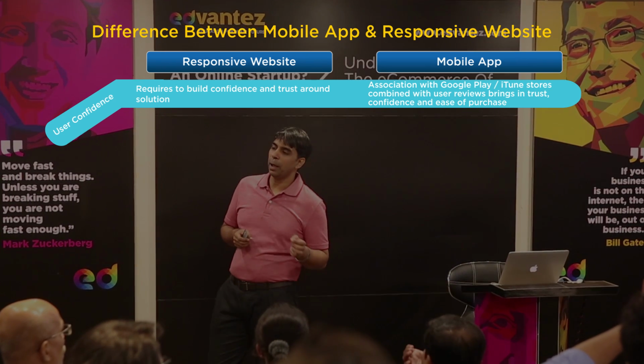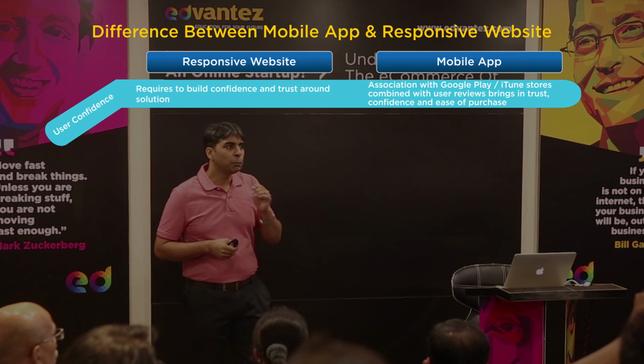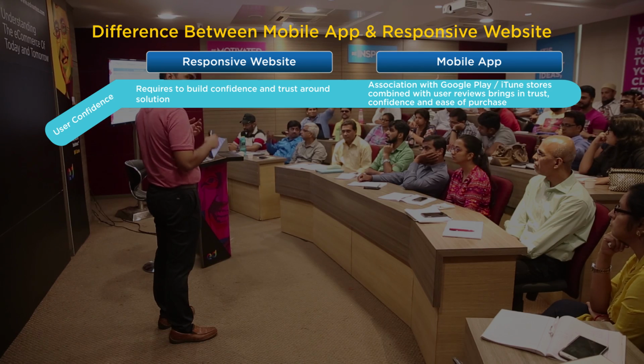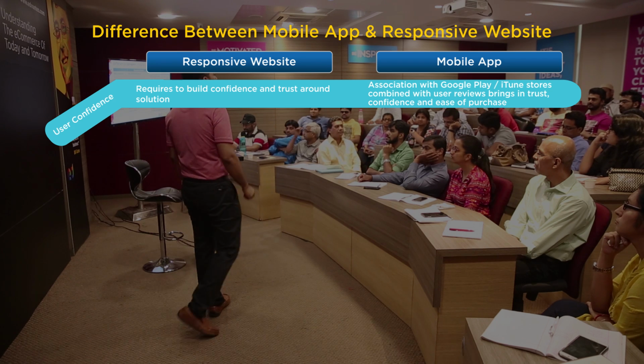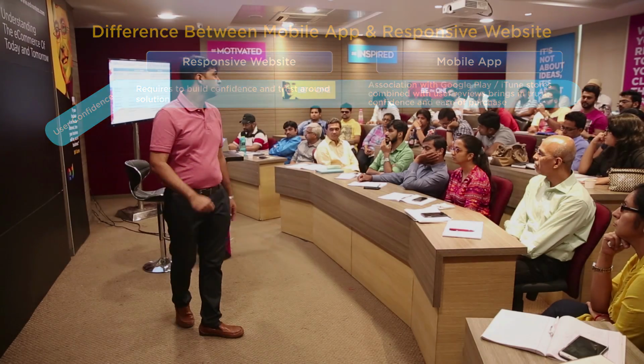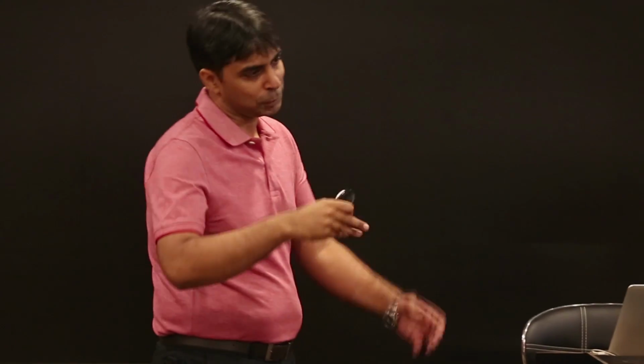How many of you download apps on your iPhone and other phones without actually checking who the person that made it is? Exactly. Because it's on iTunes or it's on Google Play Store, we'll download it. So confidence and trust in case of apps gets built just because it's there. In a website, it doesn't happen that way.